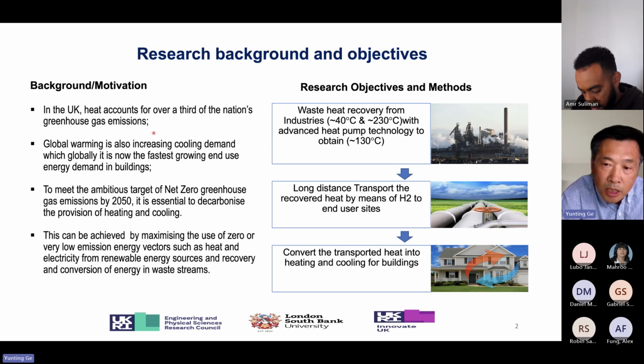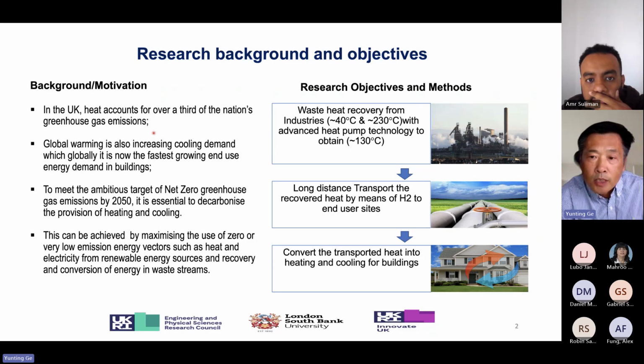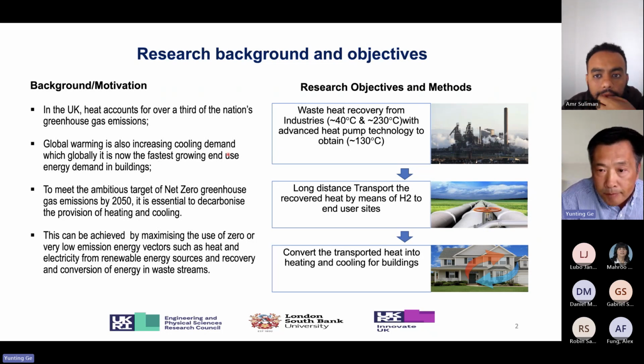This heat output can be used for the heat network and for remote heating by the end user. Once we produce the heat output with temperature about 130 degrees C, we transport this heat through long distance pipe work to the end user by means of similar technologies.